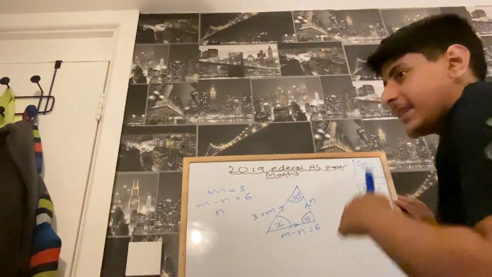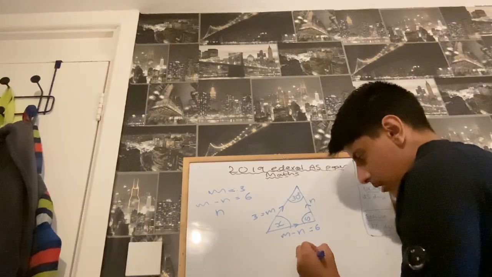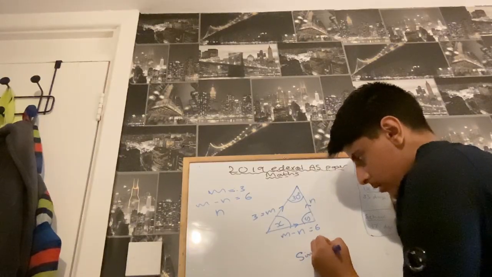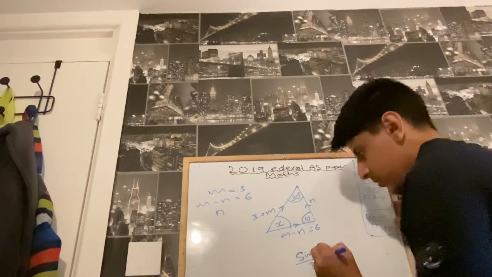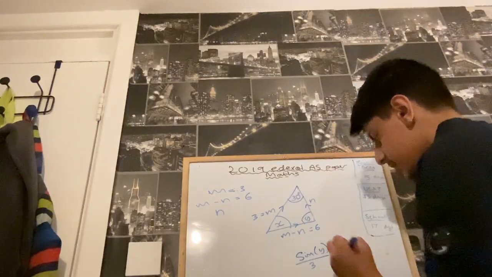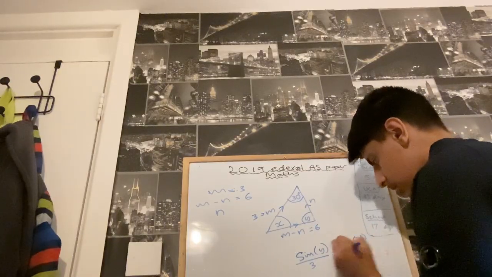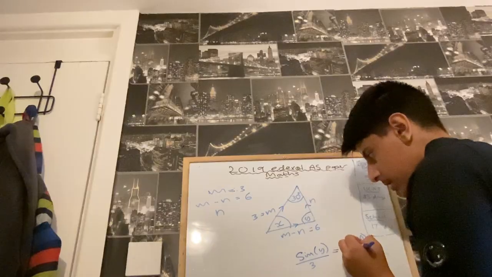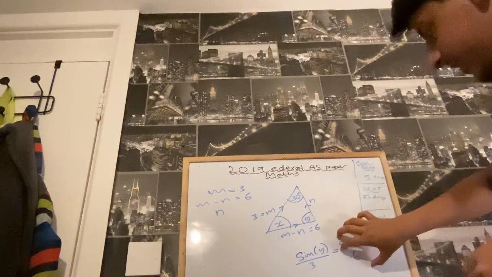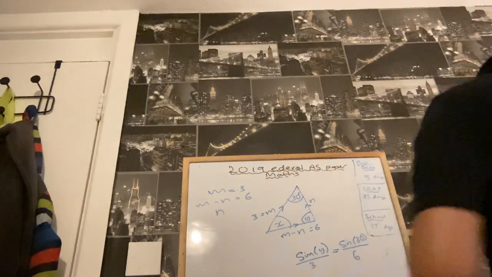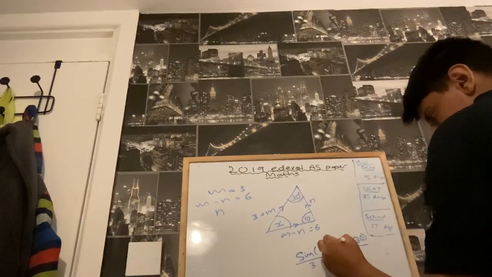So the sine rule states, since we are trying to find an angle, the sine will be on top. So sine y over 3 is equal to sine 30 over 6. Work out what this is and then times that by 3.